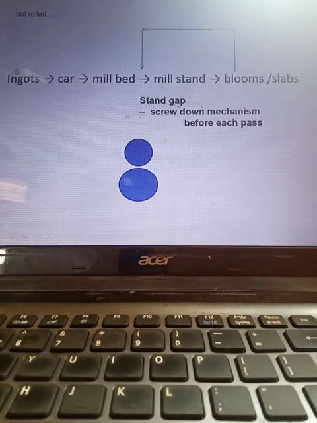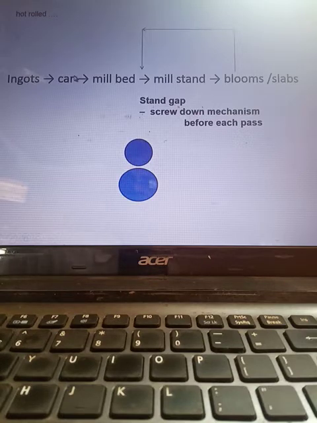So the ingot is taken on a car, moved on a bell bed, brought to the mill stand, passed through the stand gap, reversed, passed through the stand gap, reversed, and passed through again. Each pass you change this gap, so that after repeated operations like this, you will have the output here in the shape of a bloom of the required size.